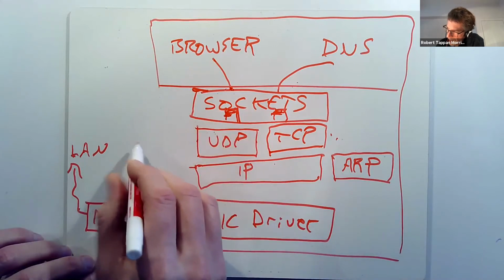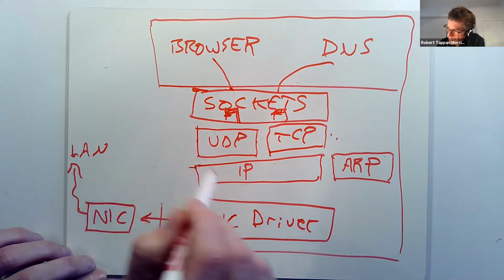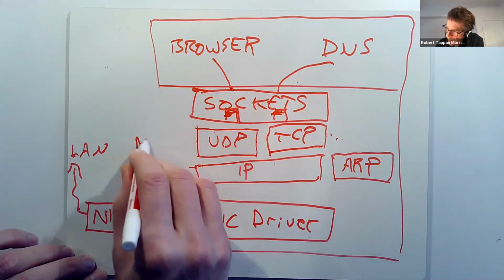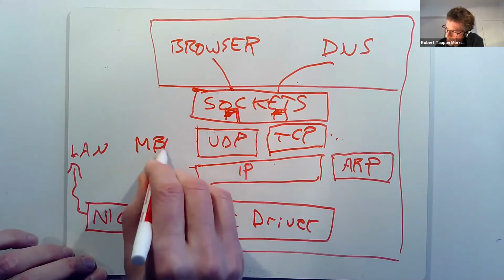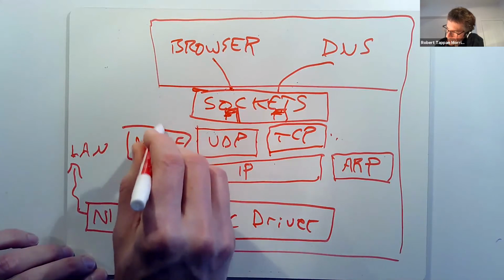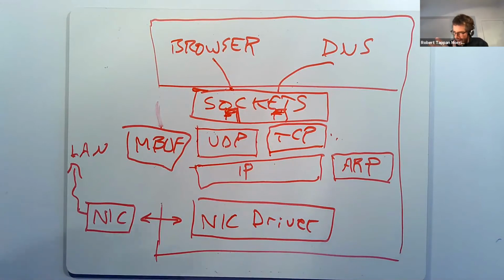So there's a buffer allocator used throughout the stack. In the software we give you, the buffer scheme is called mbufs. So there's an mbuf scheme that's not a layer, but is used all throughout these layers.